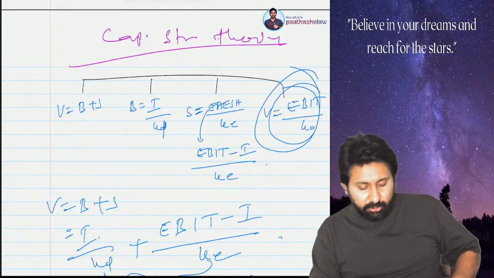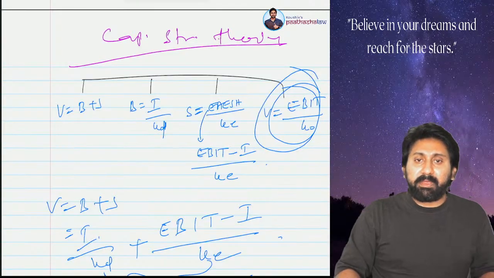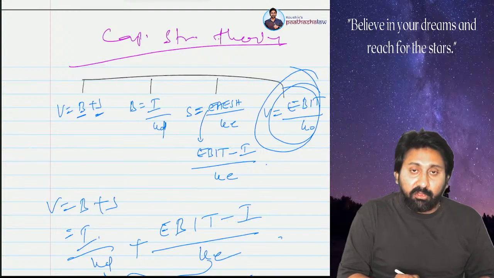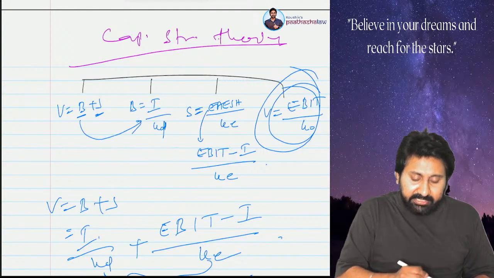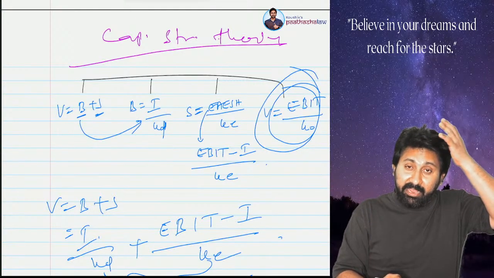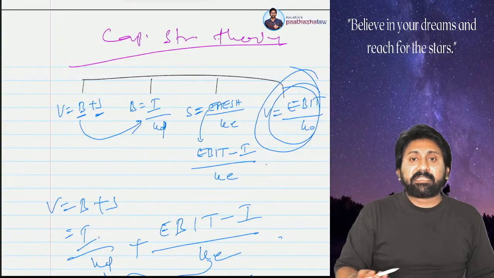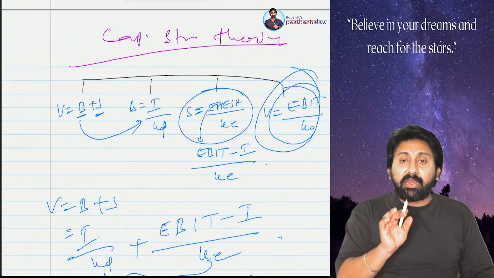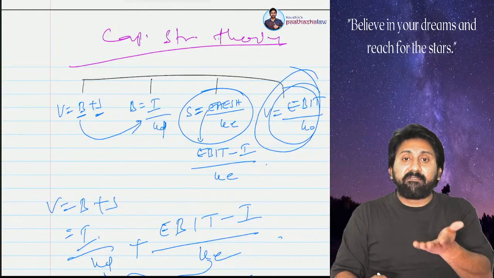Clear? So V equals B plus S. The value of the company is nothing but the value of debt plus the value of equity. Value of debt is I by KD if it is without tax; with tax, I into 1 minus T by KD. Next, value of equity is the earnings available to equity shareholders. What is that?